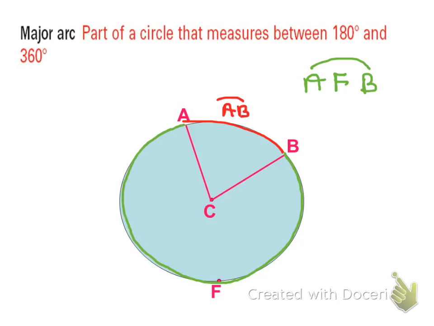But we want to go all the way from A around towards F and then ending at B, so that we're naming the major arc AFB.